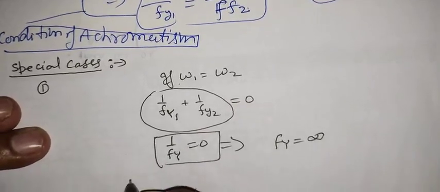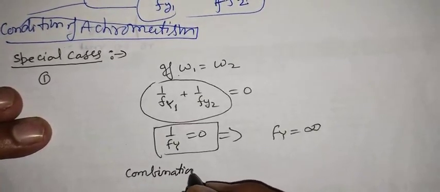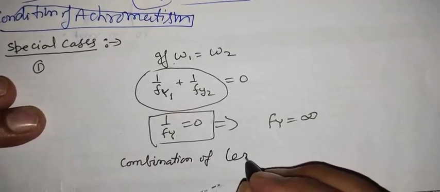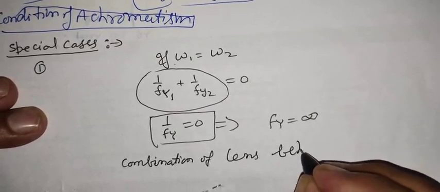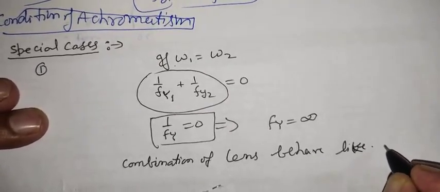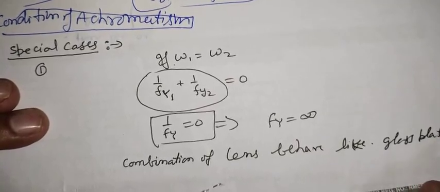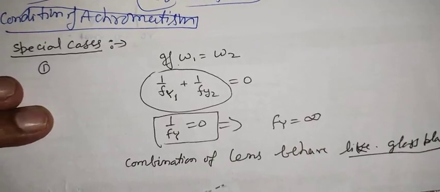It means that the combination of lenses behaves like a glass plate. So no lens will be there.